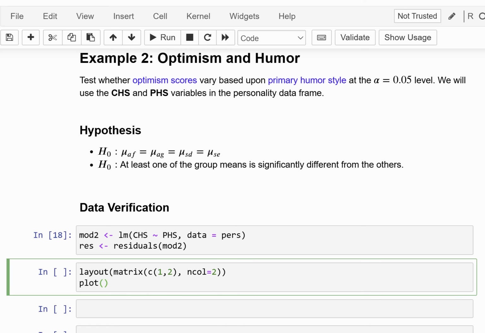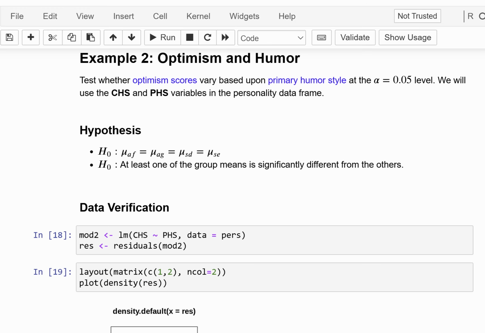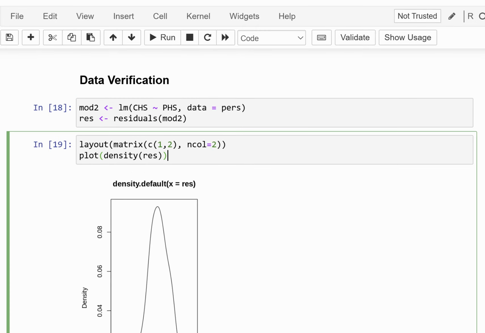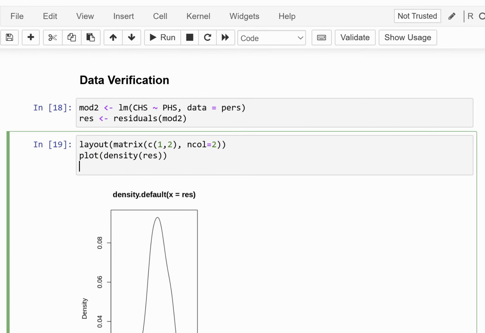I'm going to plot a density plot of the res, and let's just see if it works. Yeah, it's working. Okay, excellent. And then I want to do plot 2, and I want to use these curly brackets to put two things in, right? I want to do QQ norm of the res.